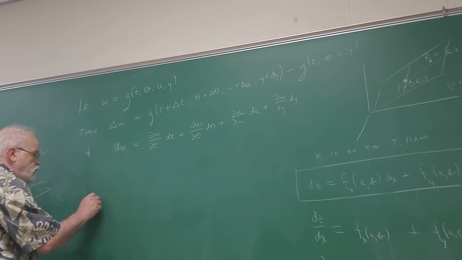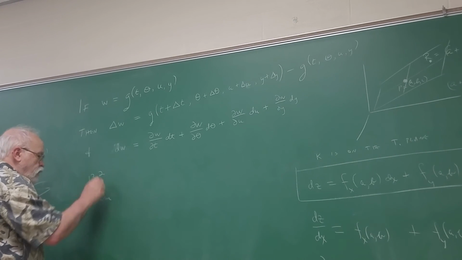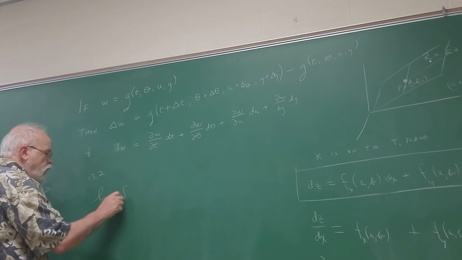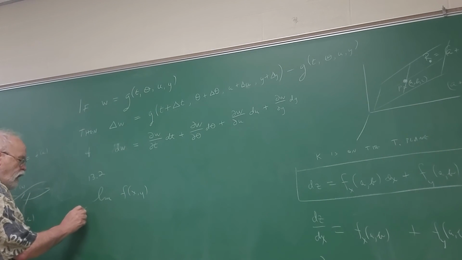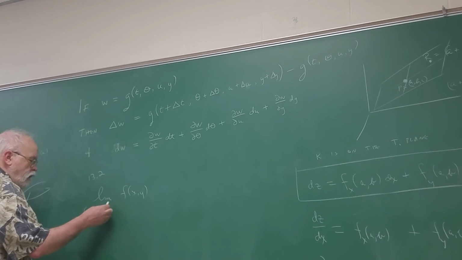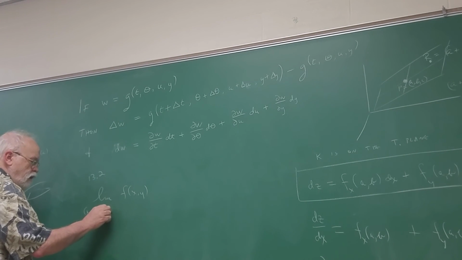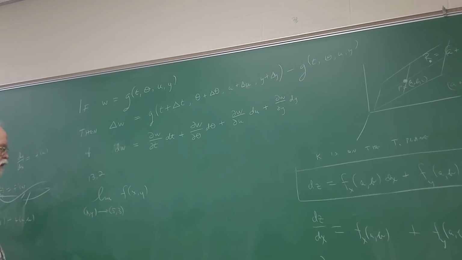they're talking about things like the limit, this is 13.2. Doing things like the limit of f of x, y, as x and y both start doing something. x and y go to, say, 5 and 3. All right? And if f is continuous, you get f of 5, 3.